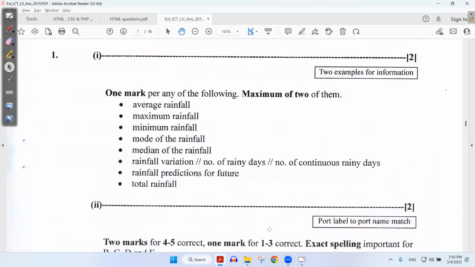If you have any alternative answers, let me know. If you mention any 2 of those, 2 marks will be given.